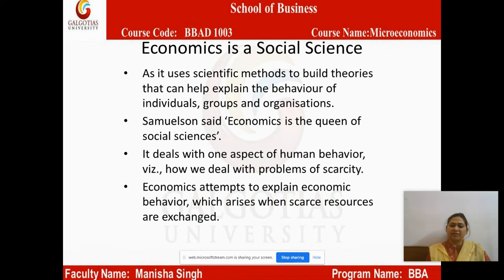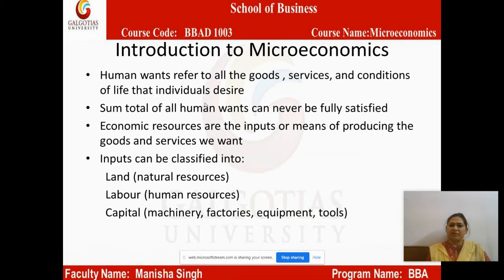Okay, if I were to go back and recapitulate with you, the gist of this slide, which you should remember, is that as humans we have various wants, and for fulfillment of those wants we need resources. Resources can be classified into land, labor, and capital. Of course, entrepreneurship is also there, which we'll discuss separately.